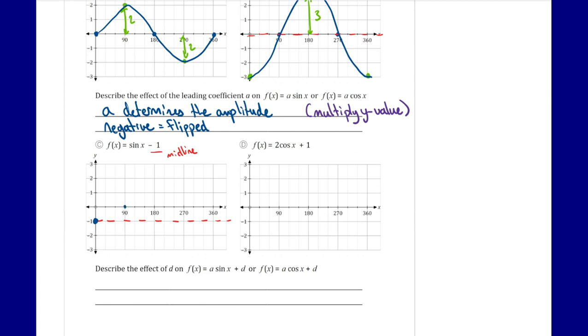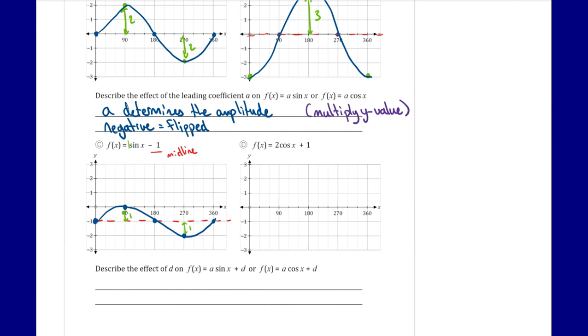At 90, I'm at my maximum, which in this case is going to be 1 up, because I can see my initial value here. I don't see anything there, so there's an invisible 1, which tells me my amplitude has to be 1. So the distance from there to there has to be 1. At 180, I come back to my midline. At 270, I go to my minimum, so 1 away from the midline in the negative direction. And then I come back up to 360. I can connect the dots, and there is my new sine function.